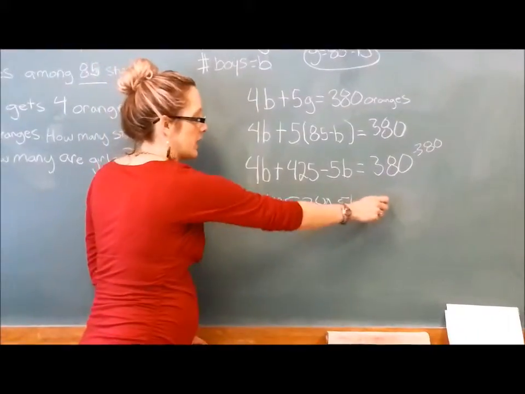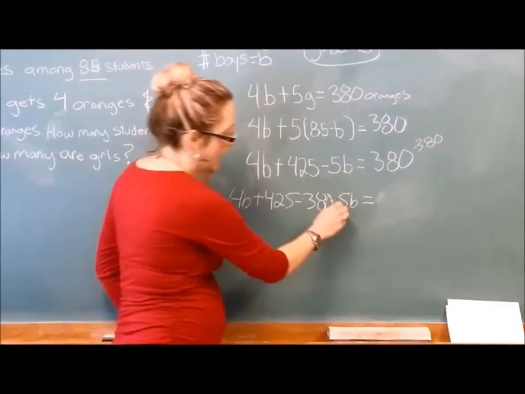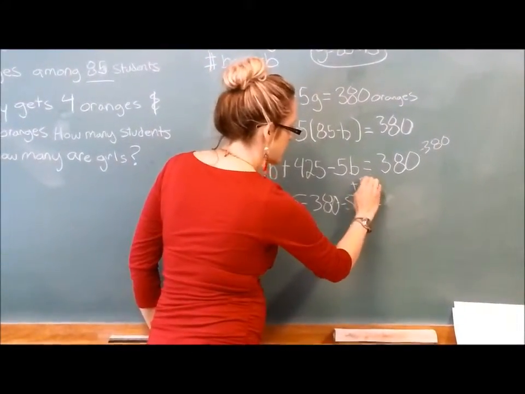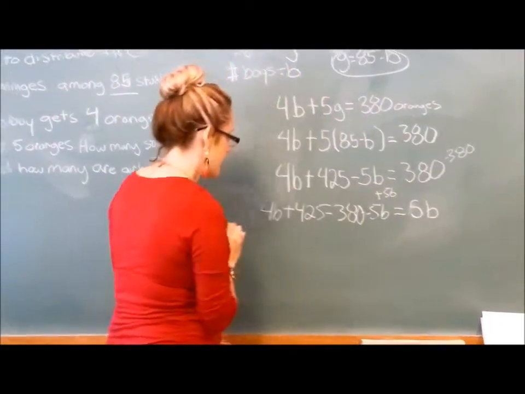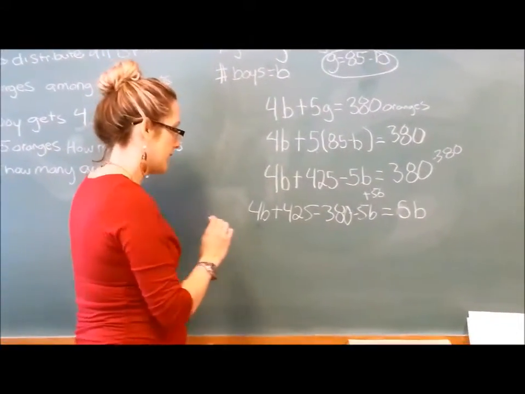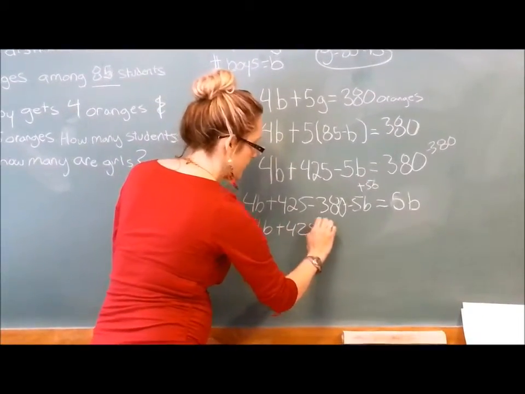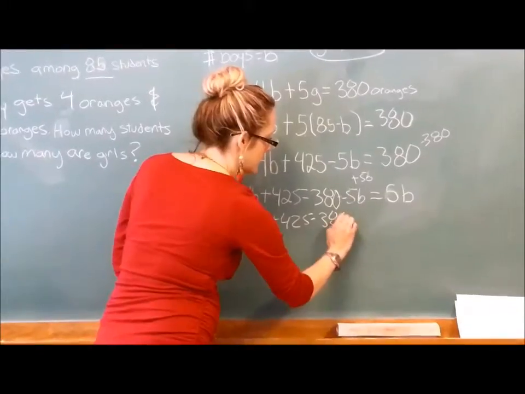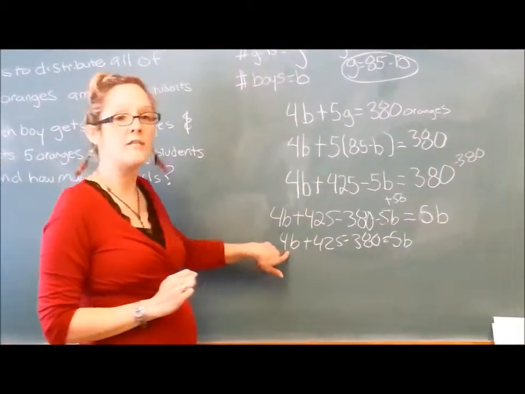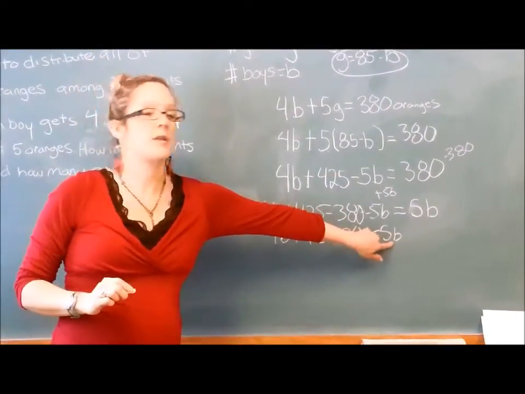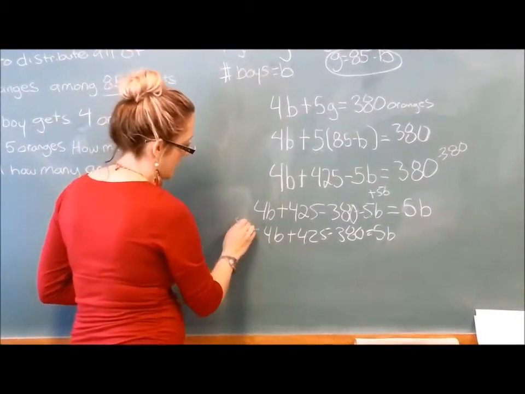I'm going to start with the 5B. I'm going to add 5B to both sides, and that's going to leave us with 4B plus 425 minus 380 equals 5B. I still have one variable over here that I want to get over here with its other friend that has a B. So I'll subtract the 4B.